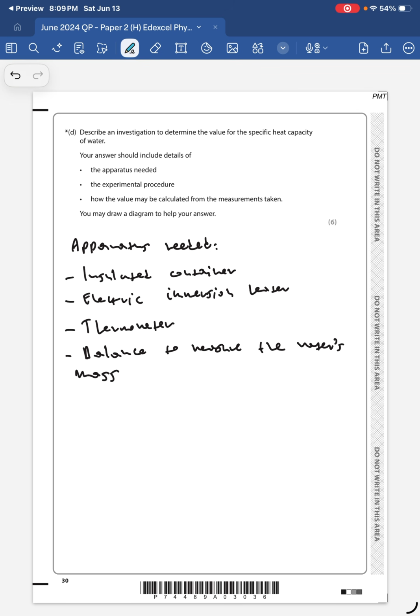What else will we need? A stopwatch to time the heating period.